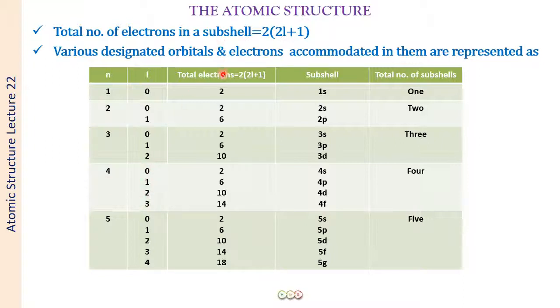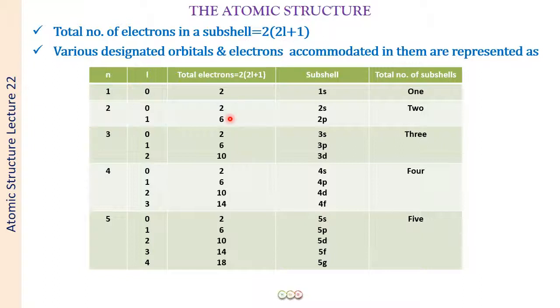Now the total number of electrons, this is going to be 2 into 2L plus 1. So you can calculate putting the value of L in the relation, and the total number of electrons in the first shell is going to be 2. Then for the second shell, for the 0 value of L, there are going to be 2 electrons.